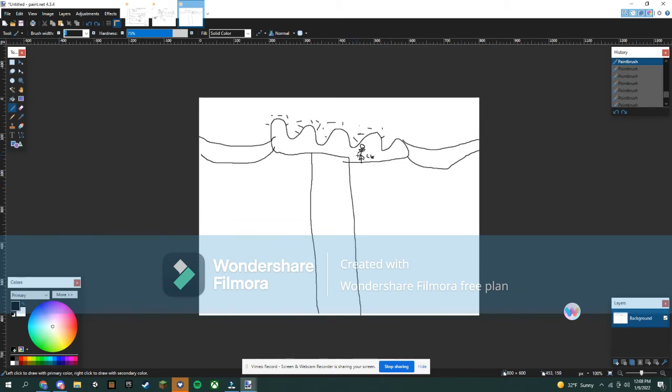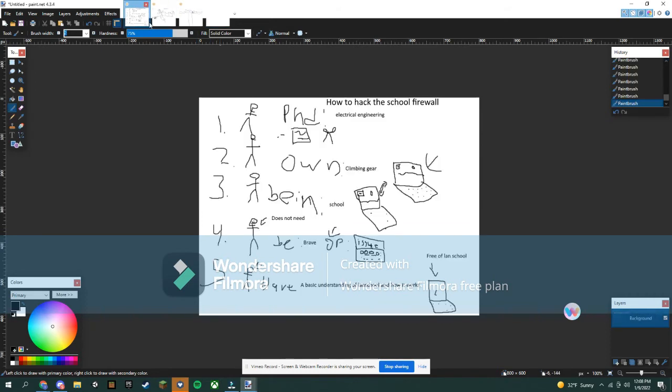Now person number 1's grasp might be getting shaky on the ladders, so you're going to connect the climbing gear up to those 2 people to make sure that they're hooked on. So now we have person number 1 who has the cutting gear and the climbing gear, and person number 2 who has the blueprint and the Chromebook. This is what we're going to need.